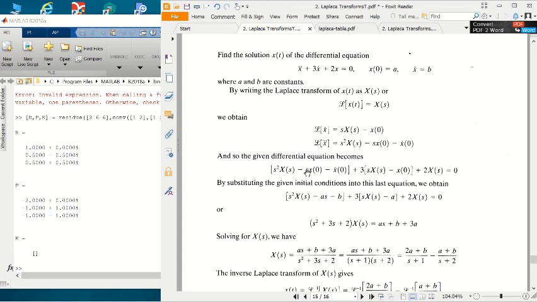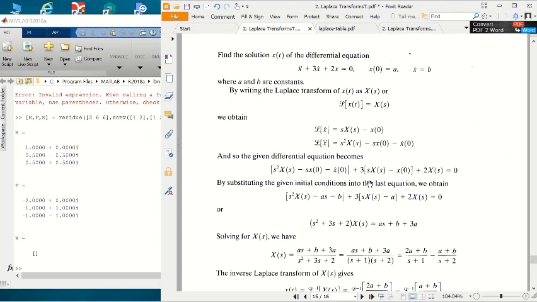So just multiply with s, plus the 3x dot. Again you differentiate only once, so you have 1 s X(s) minus the initial value; in this case you only have one initial value because it's just one dot, minus x(0). Plus here 2x, and this side equals 0.